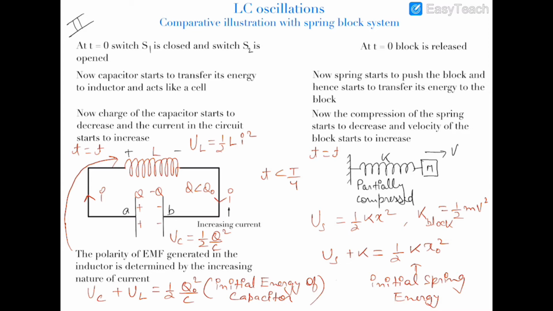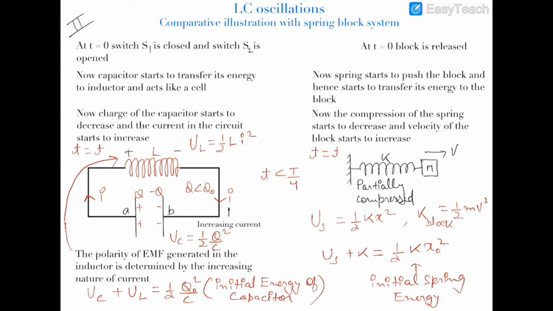Now, if the capacitor is discharging, then its charge would be decreasing, and obviously the inductor is charging, and the energy stored in the inductor is half Li square, and we can say that this energy depends on the current, and if this energy is increasing, then current must be increasing. So this current flowing through the inductor is increasing current because it is charging up the inductor.